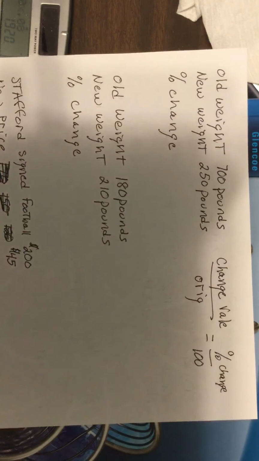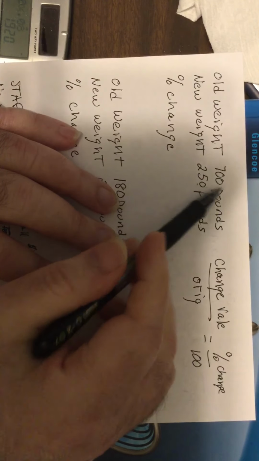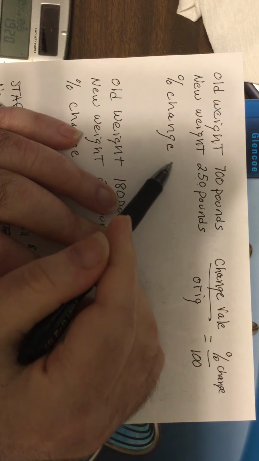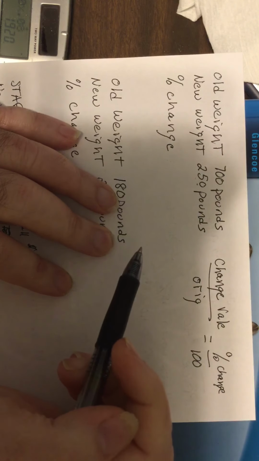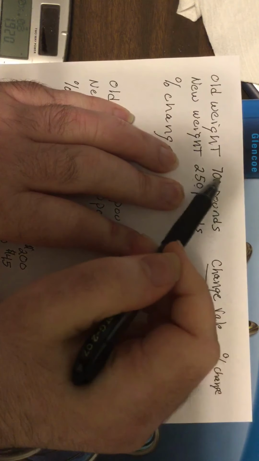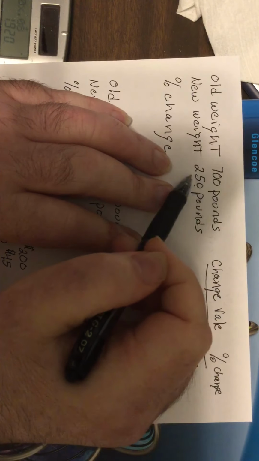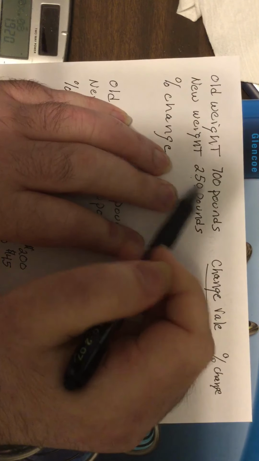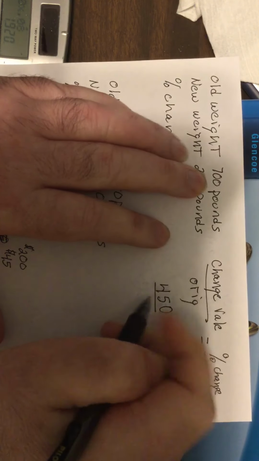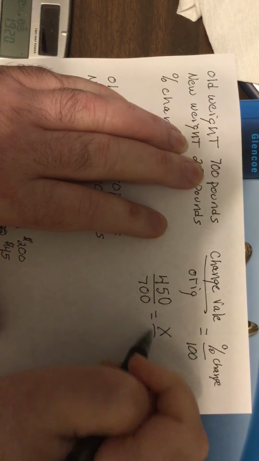So, to find out if you lost, you're given the actual starting and ending value, that's the percent change. So, it would be change in value. So how much did they lose? Well, if their new weight is 250 pounds, they actually lost 450. Divided by the original is 700 equals x over 100.